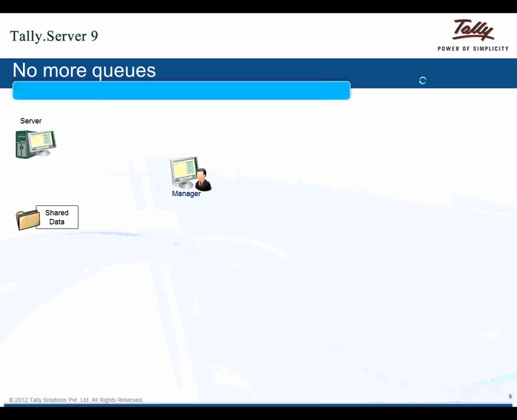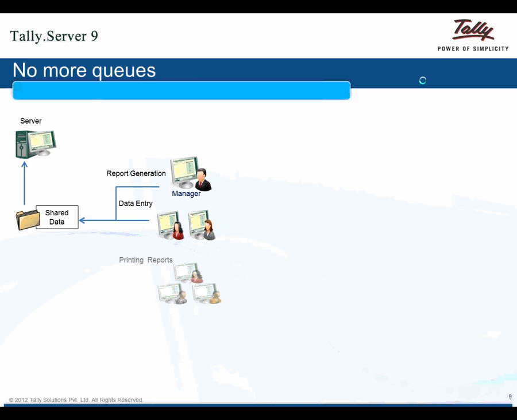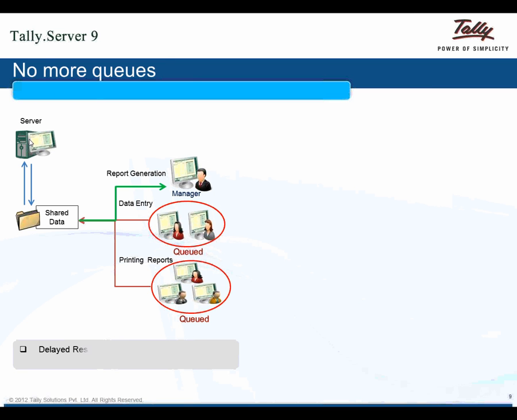You can see the current scenario of Tally.ERP9 Series A. If you install Tally.ERP9 with shared data, if the manager is generating a report, other users, those who are entering the data and those who are printing the report, will be in queue until the manager completes the report.